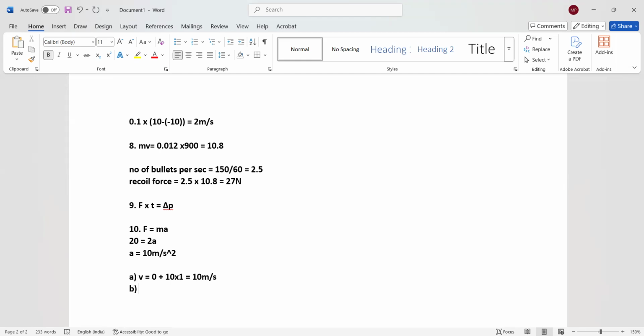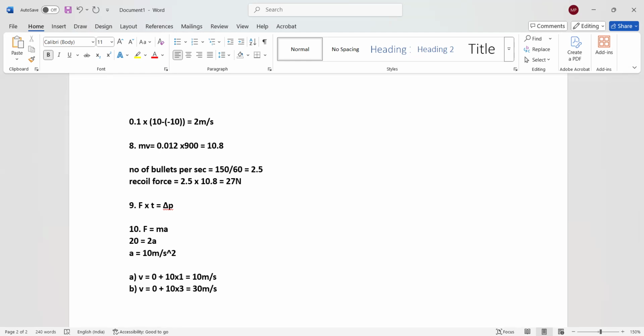Now, after 3 seconds, v is equal to, again, 0 plus 10 into 3, which is equal to 30 meter per second.